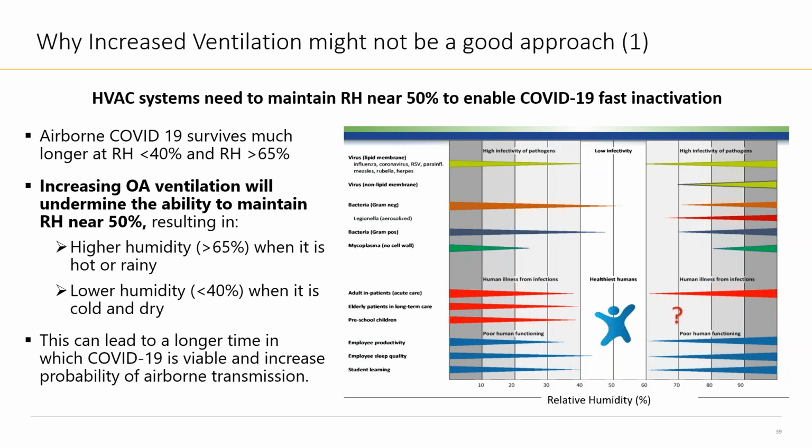To give you an example, if you have the virus attached to a particle, and let's say the particle is large, 10 micron, if you have low humidity, it's going to evaporate, and it's going to be able to attach to small particulate matter and stay airborne.